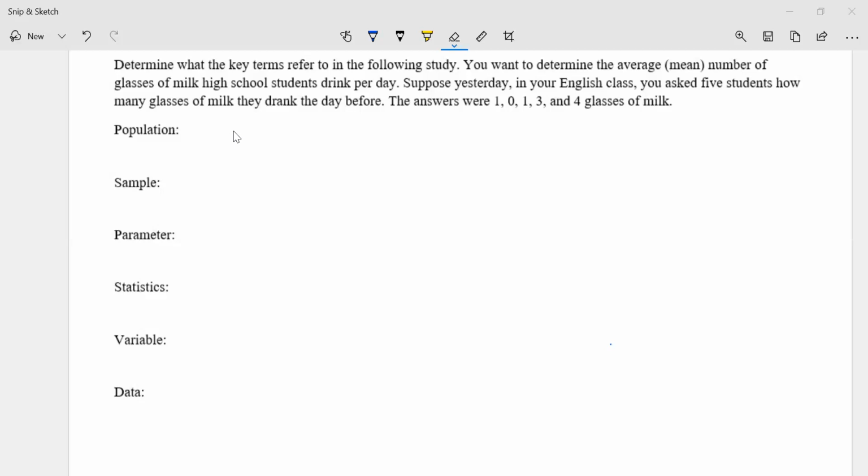Now the sample, keep in mind, suppose that yesterday in your English class, because you're not going to be able to go ask every high school student how many glasses of milk they drink. So we're doing a study. Yesterday we went to an English class and you asked 5 students how many glasses of milk they drank. So my sample I will just say, students in my English class, right? Who did I survey?